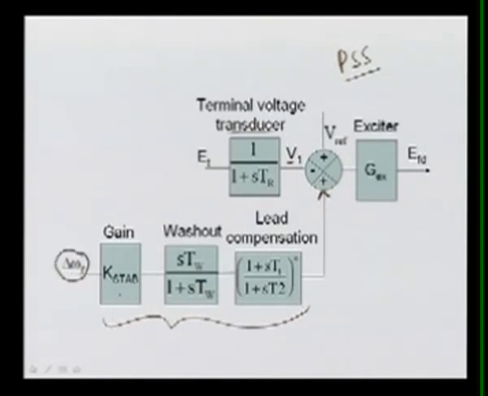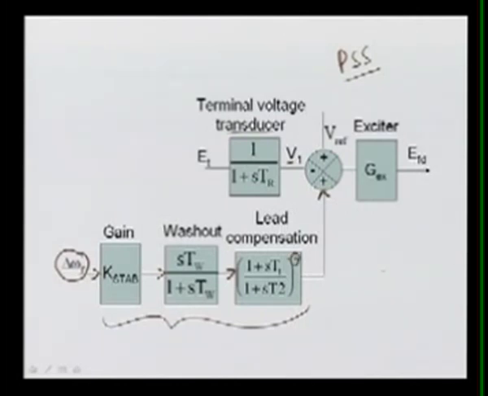This is given to the gain K, the stabilizer gain, and after that it goes to the washout filter, where we filter out some of the unwanted harmonics, and then it passes through the lead compensators. Here the whole circuitry is meant to put the signal in phase with the speed, so that we can add it in terms of voltage.